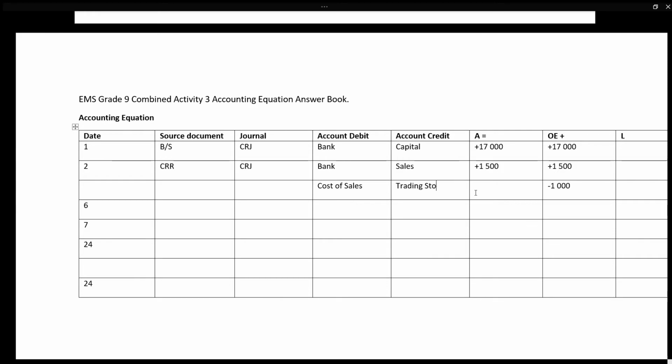Remember, the client is physically taking it out of my store and taking it home. Trading stock is classified as an asset account, and assets will decrease in the credit side. So therefore let's indicate this: minus 1,000 will equal minus 1,000 plus 0. We have done this one correctly as well.